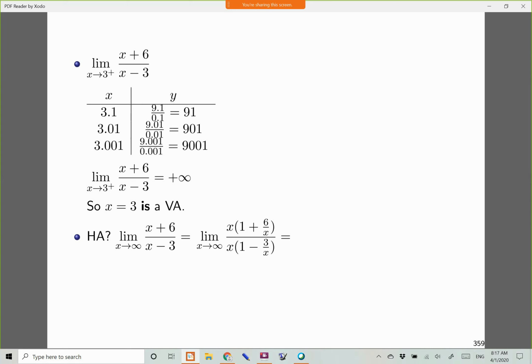You get to cancel this x and that x, and that's all I did going from one step to the next here. And now the whole point is this limit of a fraction does end up splitting. And when you do a limit, I want to remind you, there was a lot of detail in things like the limit of a fixed number over x raised to a positive power.